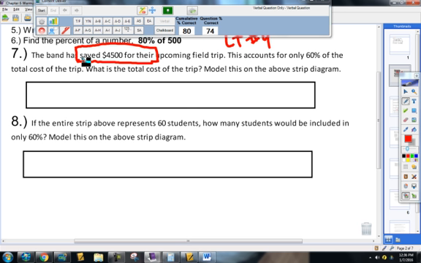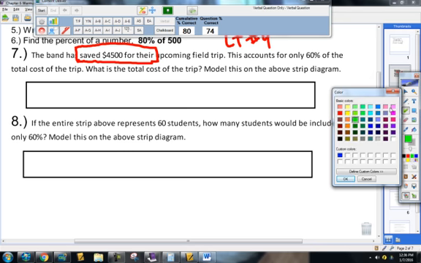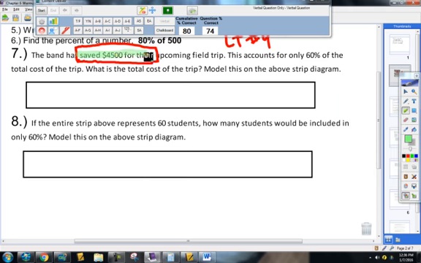So somebody tell me, what is 4,500 representing? No, hang on. Not necessarily true. I'm not looking for part or whole. It seemed like I was going to be asking for that, but I was more just asking, that's representing the amount they saved. Do you guys agree with that?